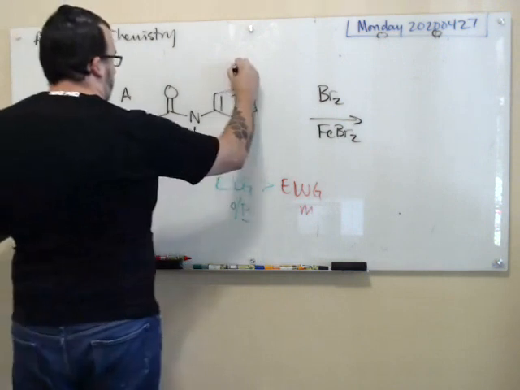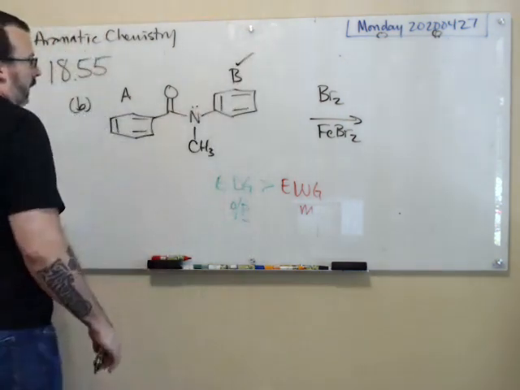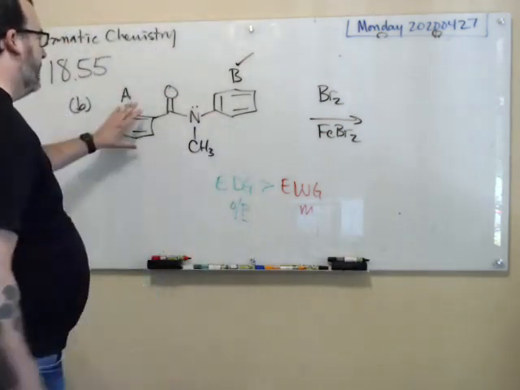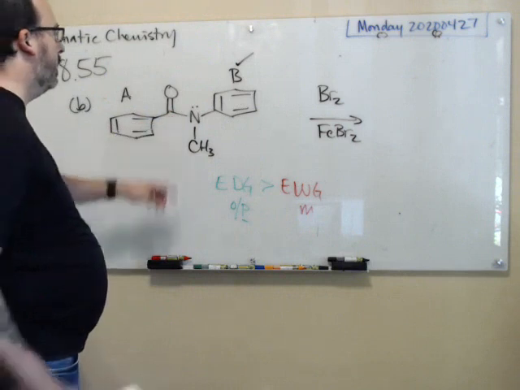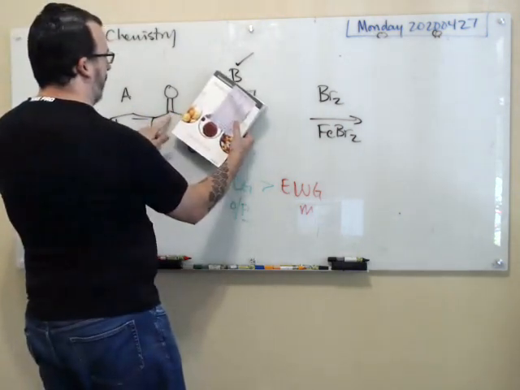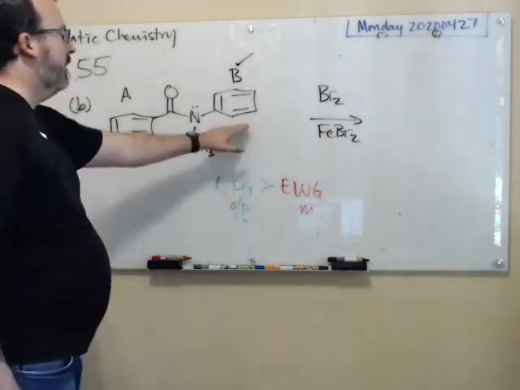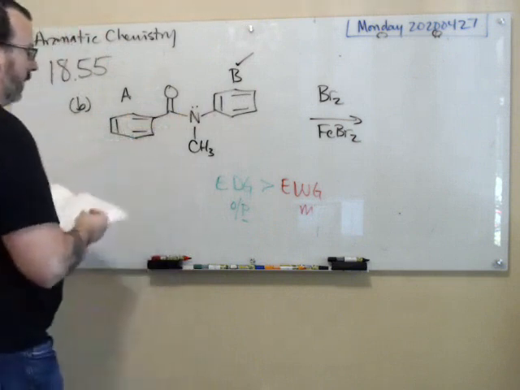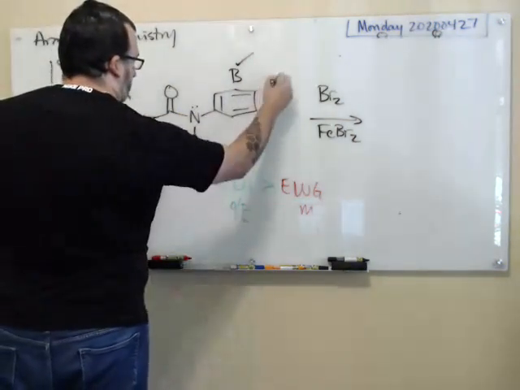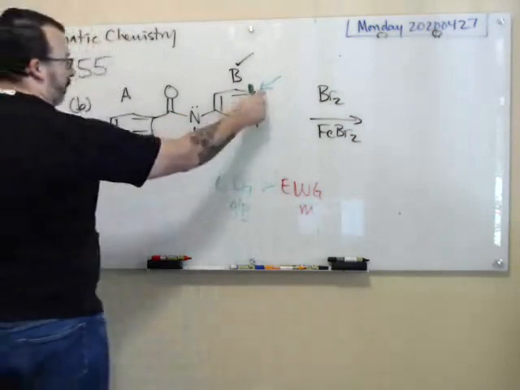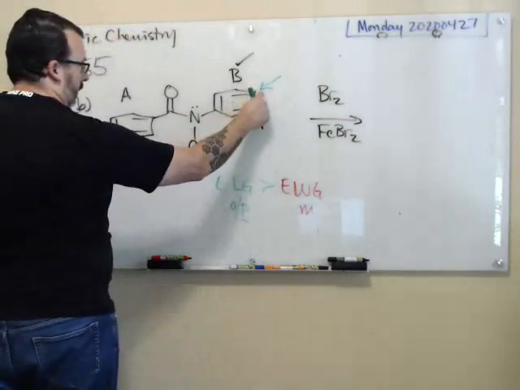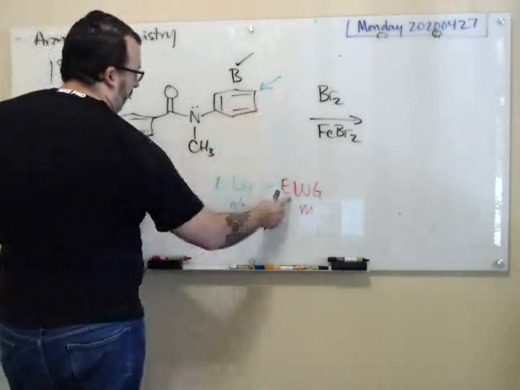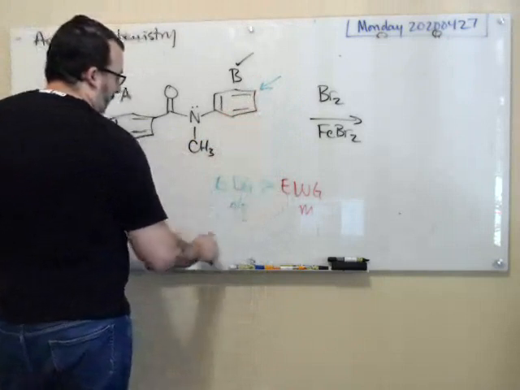So again, yes, this will be B. And how we think about that is we have a benzene ring with a carbonyl. If we're covering this up, that carbonyl is electron withdrawing. We have this ring, if we cover that up, the nitrogen directly bonded to the ring is electron donating. So the major product is going to get brominated there. So the electron donating groups always win over electron withdrawing. And the para always wins over the ortho.